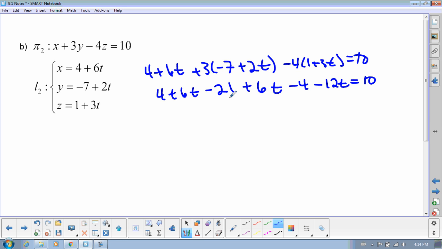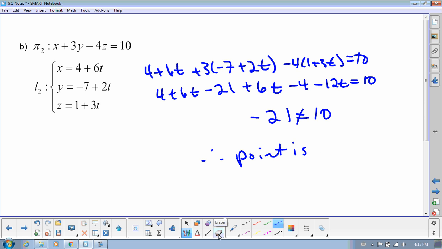So 4 minus 21 is negative 17, minus 4, so I get negative 21. We have 6t plus 6t is 12t, so I get negative 21 equals 10. So the t disappears. Does negative 21 equal 10? No, it doesn't. So therefore, the point is not in existence.